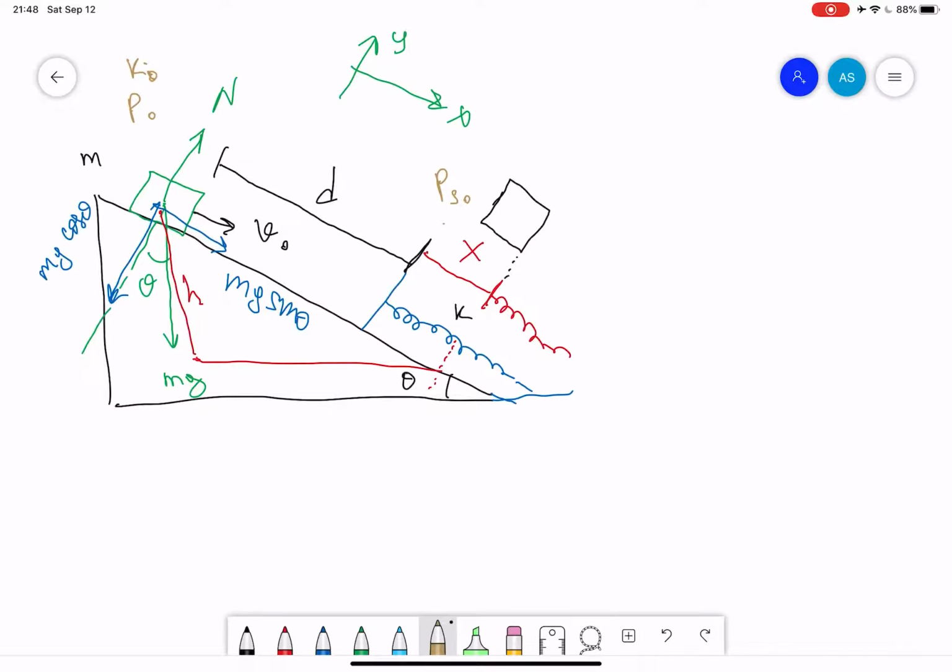However, at this point we have kinetic energy final, gravitational potential energy final, and spring potential energy final. Sometimes potential energy is written as P, or sometimes as U.